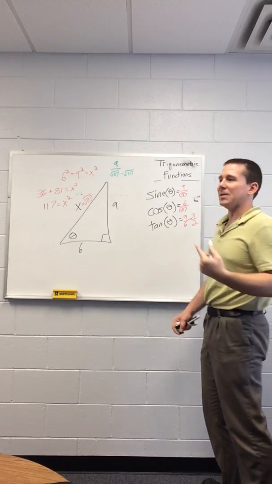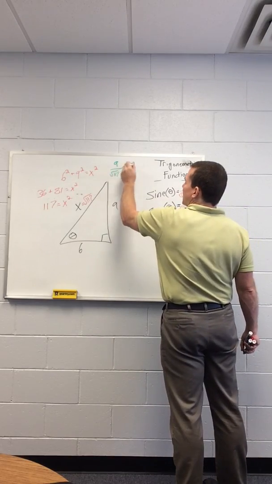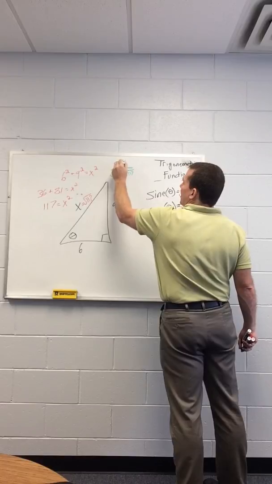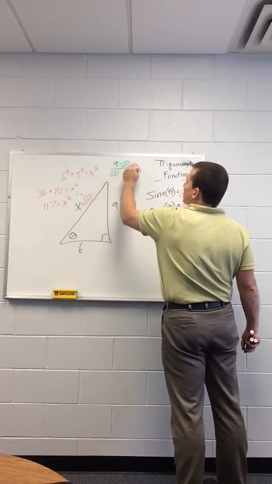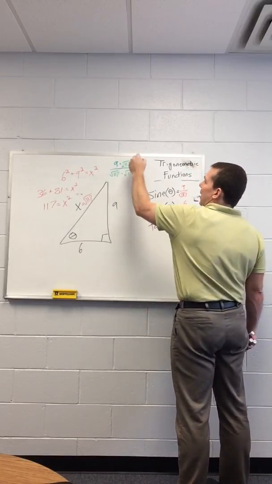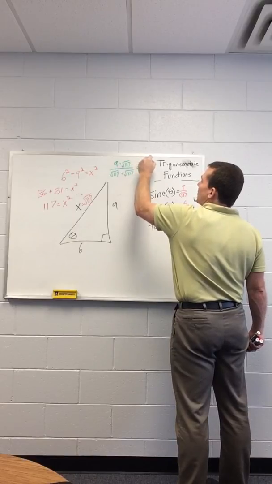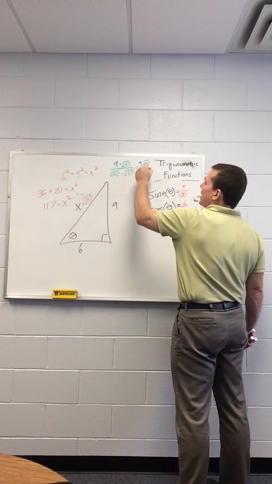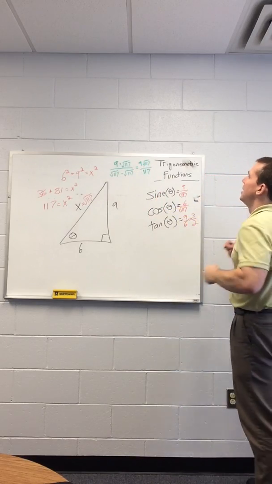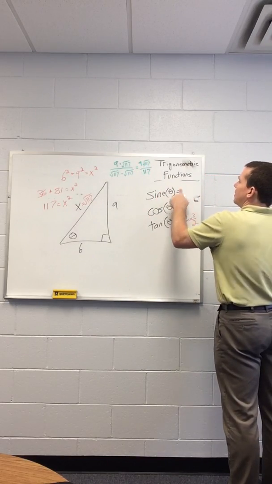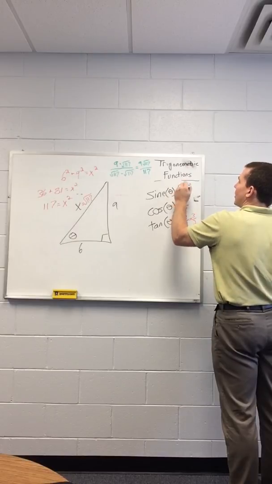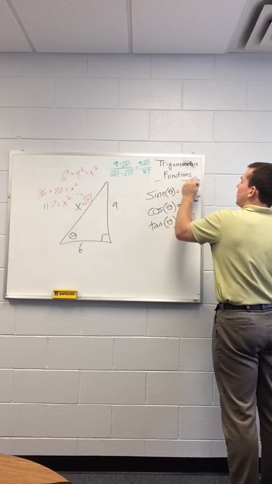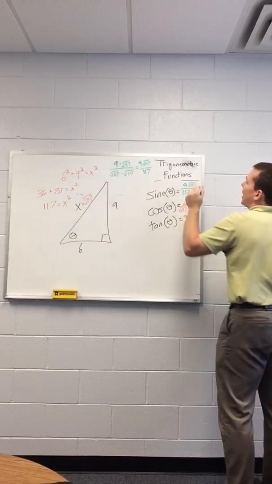But we know from regular rules of fractions, the only way to keep this equal is if I multiply by root 117 on top as well. Now on top I get 9 times the square root of 117. On the bottom, the square roots cancel and I just get 117. So this becomes 9 times the root 117 on top, all over 117.